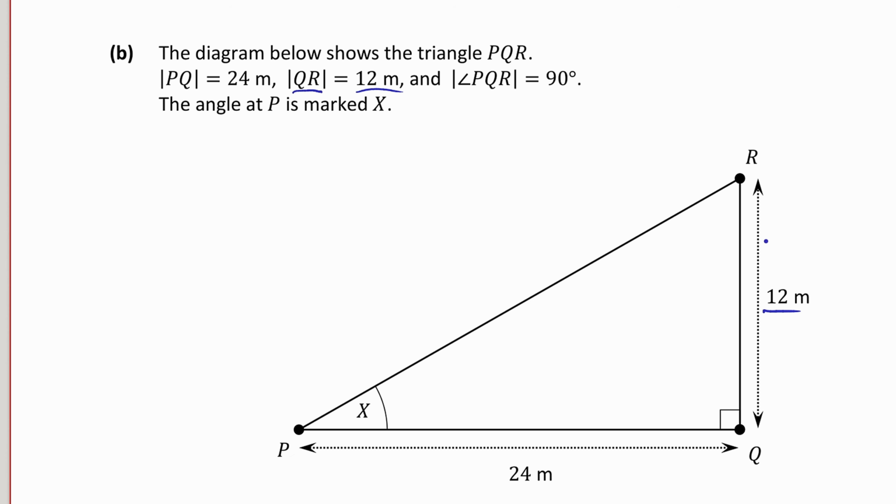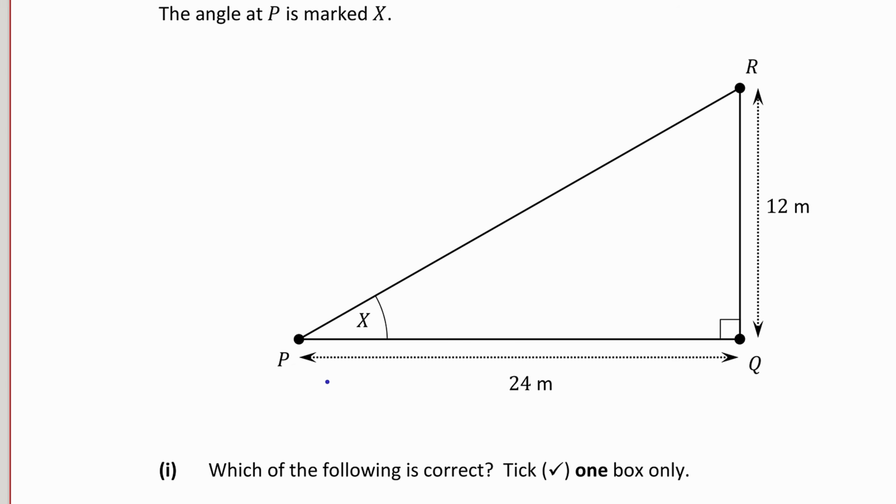We have an angle PQR with a size of 90 degrees, and we have another angle X at point P.